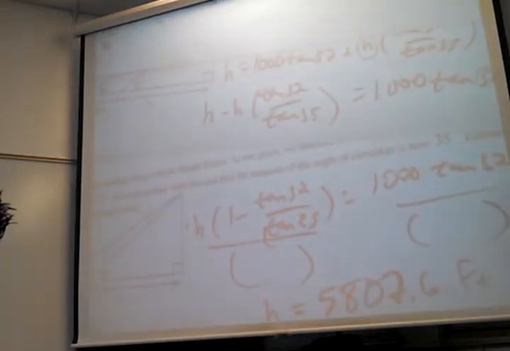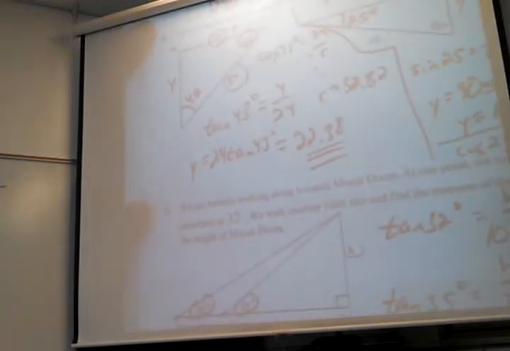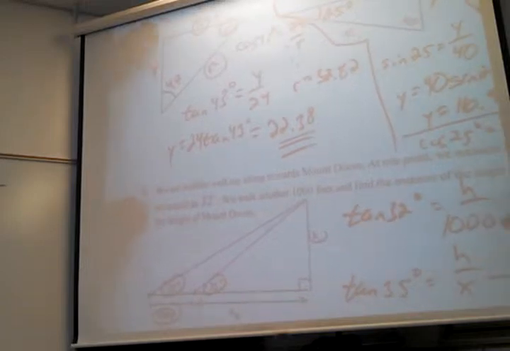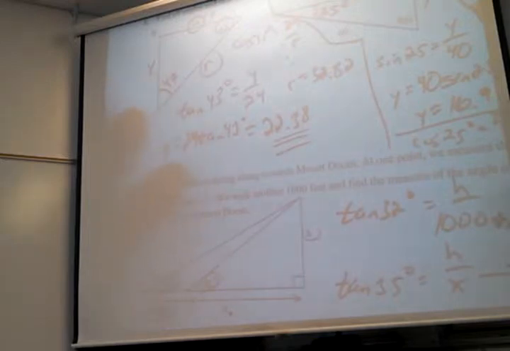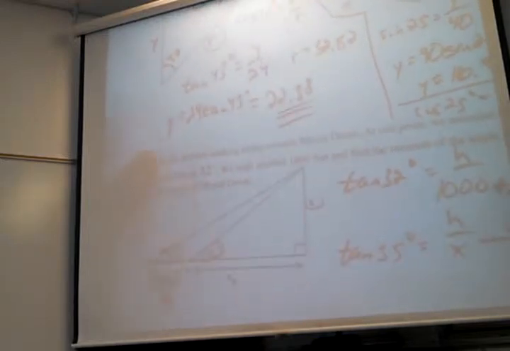Now, from number 4 to number 5, that represents a huge step, obviously, right? But they both depended on just setting up the right ratios, using the right trig functions that related what you know to what you want to know. Number 5, I just had too many unknowns.